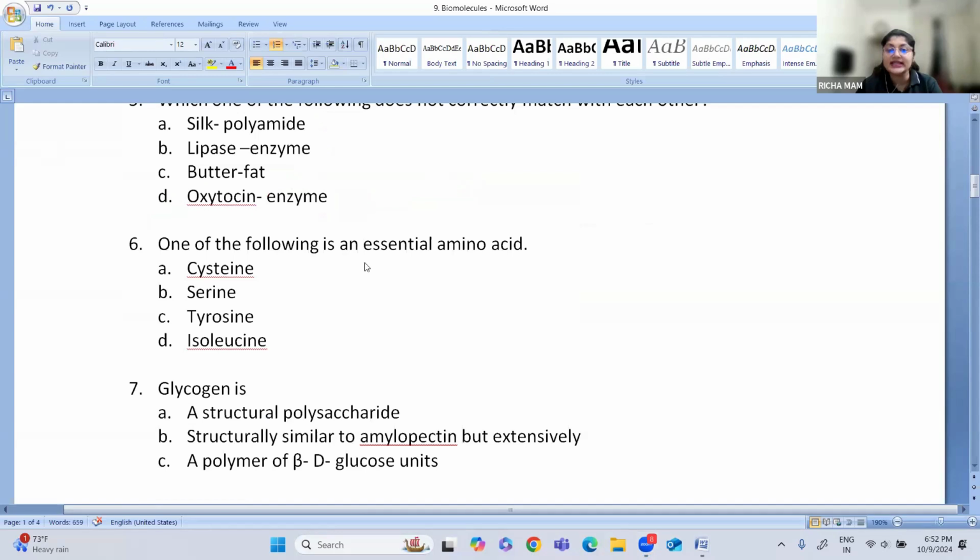Which of the following is an essential amino acid?